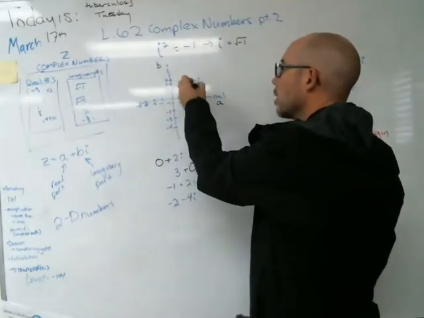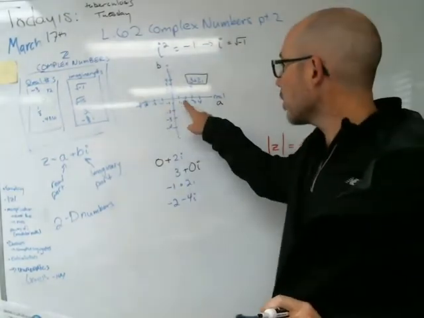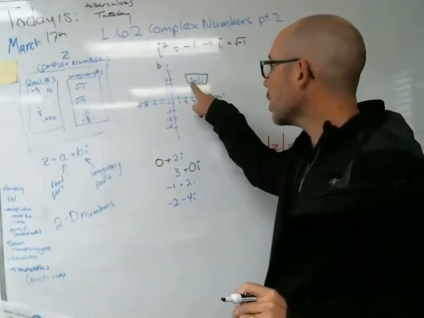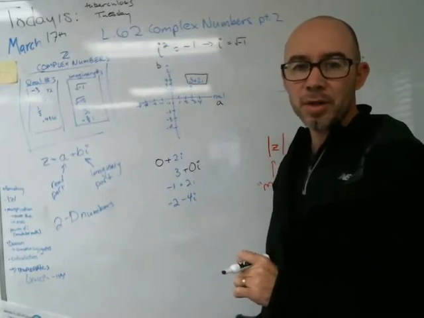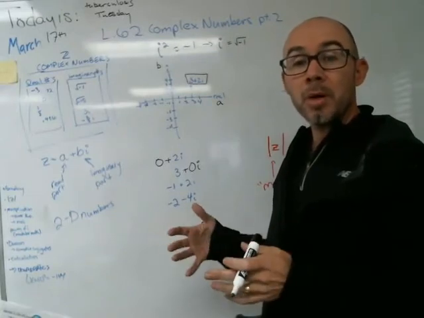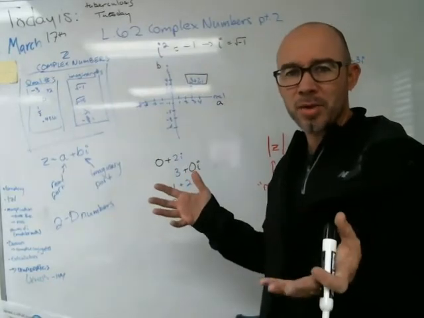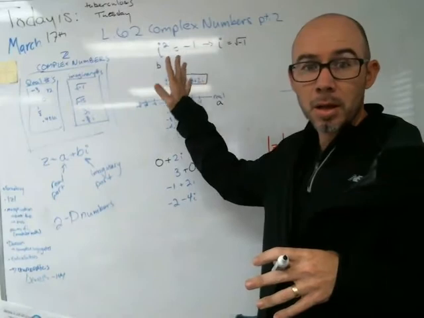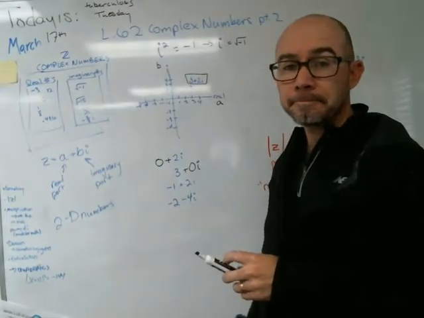So I've already graphed the complex number 3 plus 2i. I go out 3 on the real axis and up 2 in the i direction. So we get this one number with 2 dimensions to it. It's very similar to x and y addresses, except it's on the complex plane rather than on the coordinate plane.